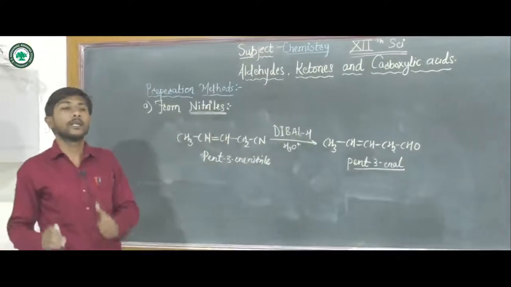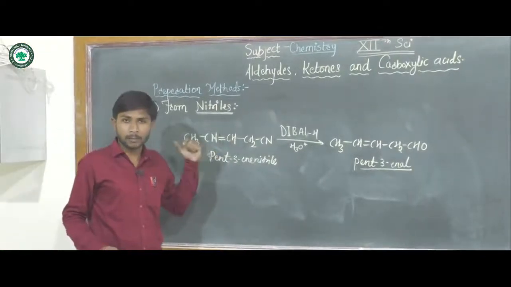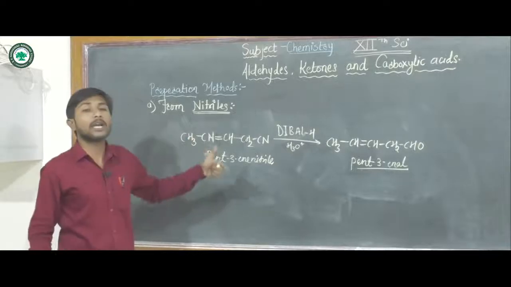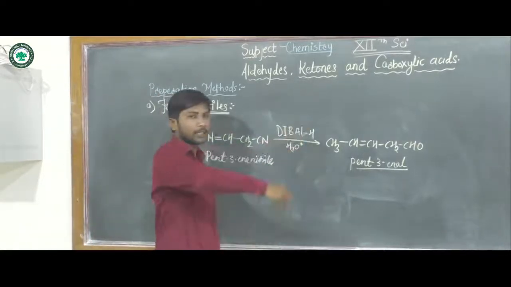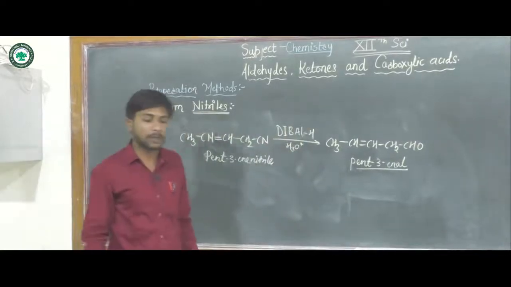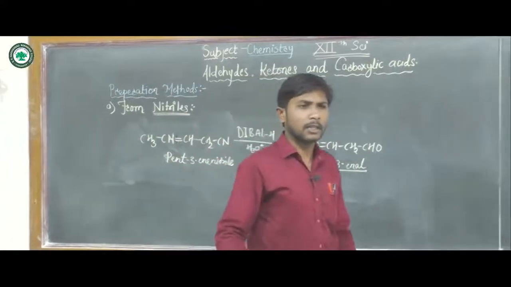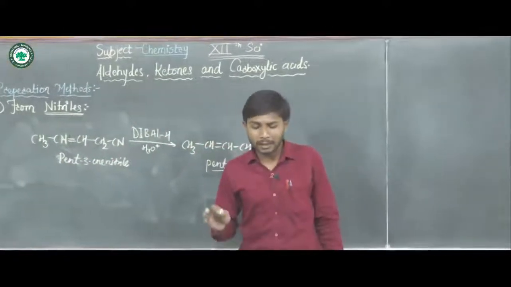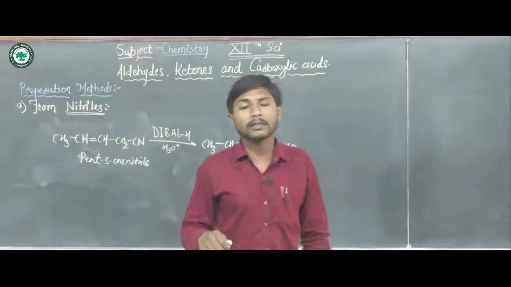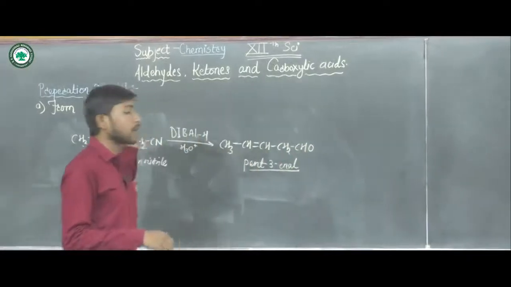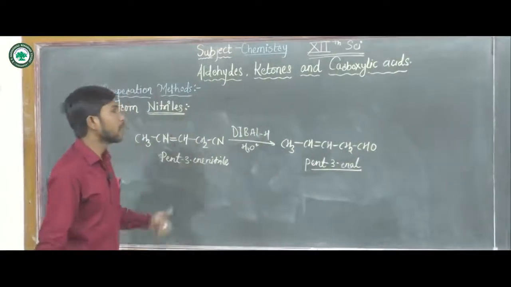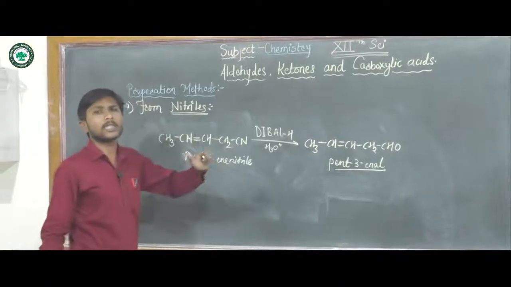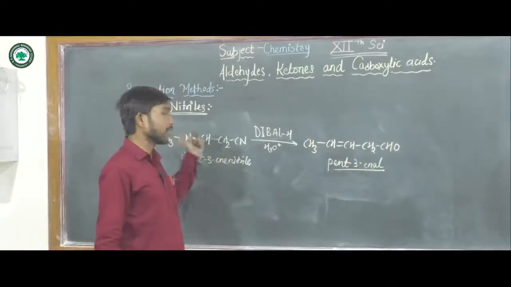Means if we have to maintain the unsaturation in the reactant, we can use another reducing agent here, the diisobutyl aluminum hydride, and generally we can use stannous chloride in hydrochloric acid to reduce the nitriles. By these two methods we can prepare aldehydes by reduction.